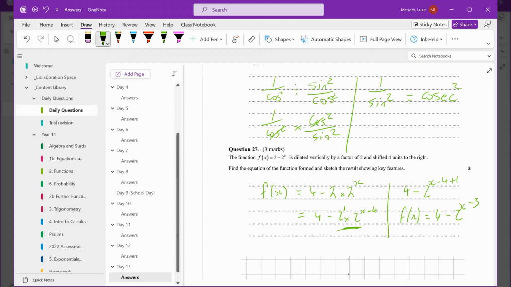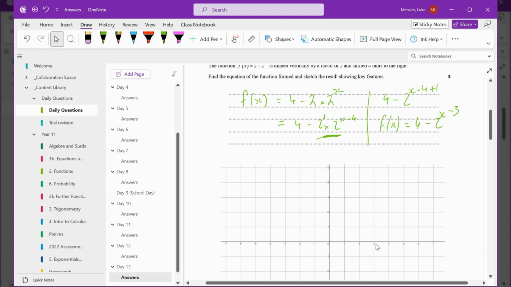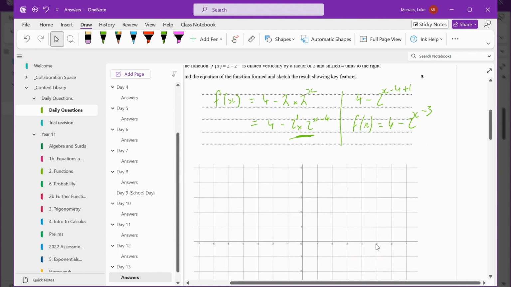Okay, so some key features we have to show. We've got a sketch here, so we want to know our x and y intercepts. So to find the y-intercept, we set x equal to 0. So we can say y-int equals 4 minus 2 to the power of 0 minus 3. Okay, so put that in your calculator and you get something just below 4.